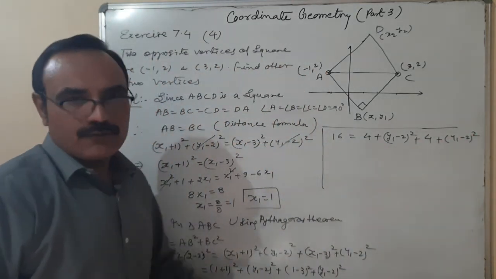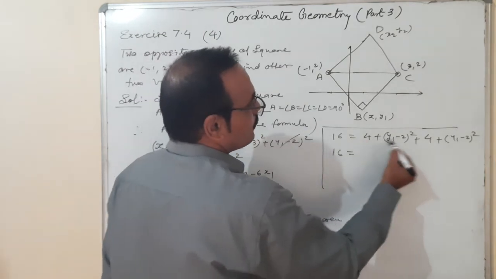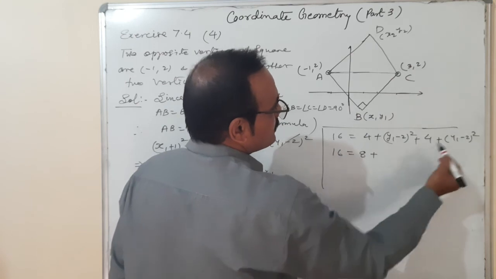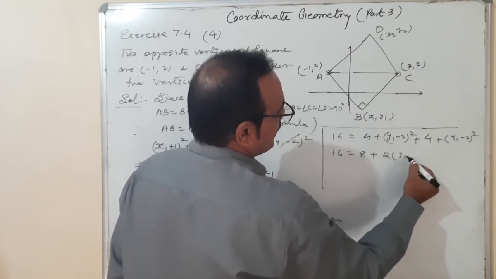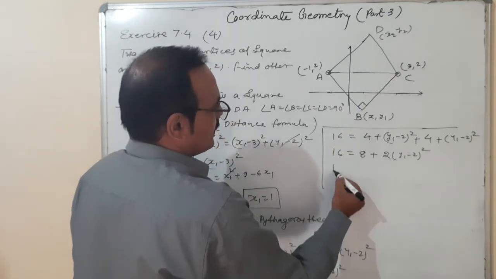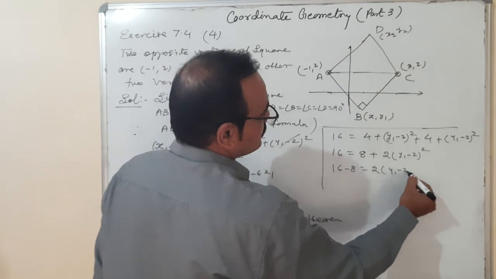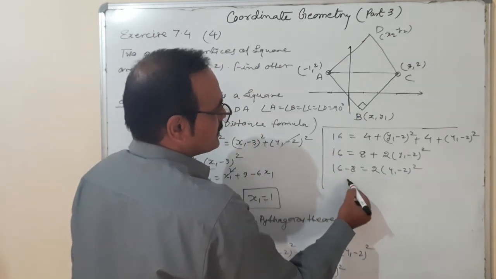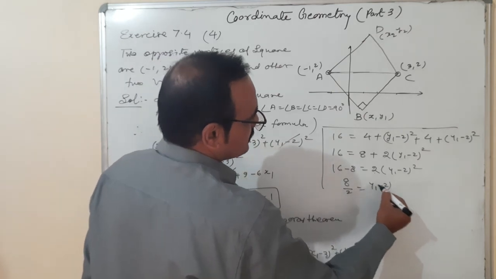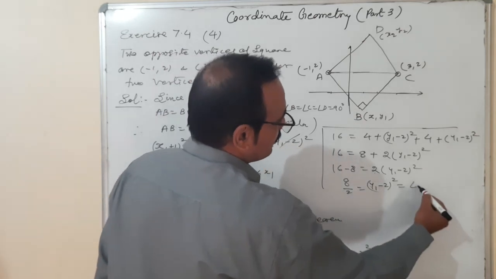Now we are finding the value of y1. 16 is equal to 4 plus 4, 8, plus 2 times (y1 minus 2) whole square. 16 minus 8 is 8, and 8 upon 2 is equal to (y1 minus 2) whole square. So (y1 minus 2) whole square is equal to 4.